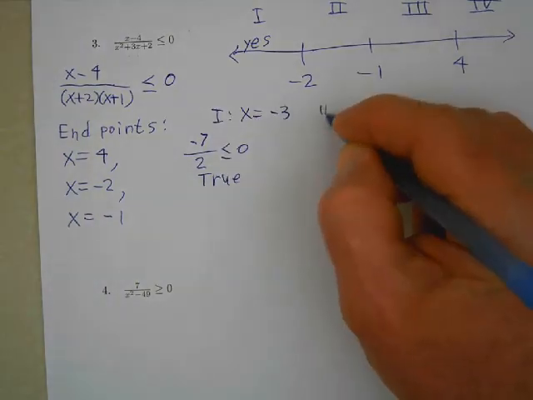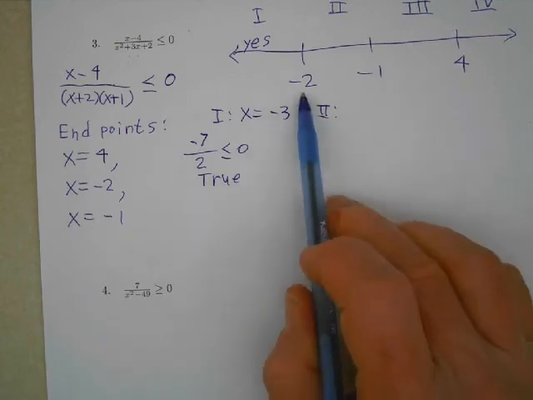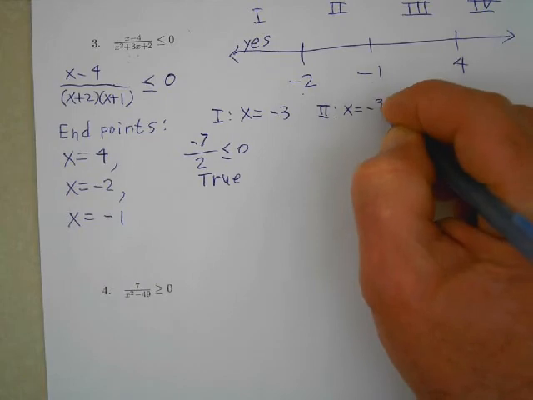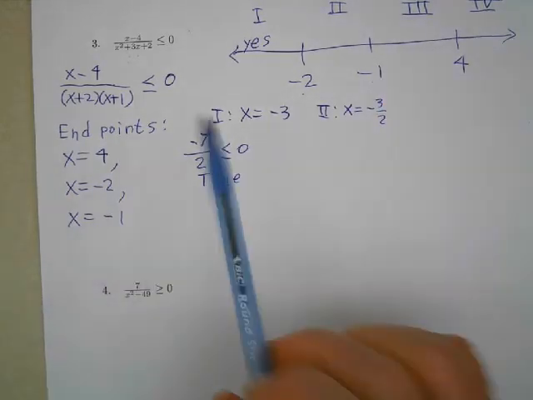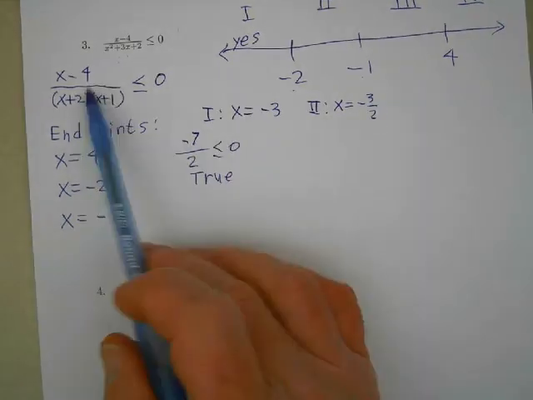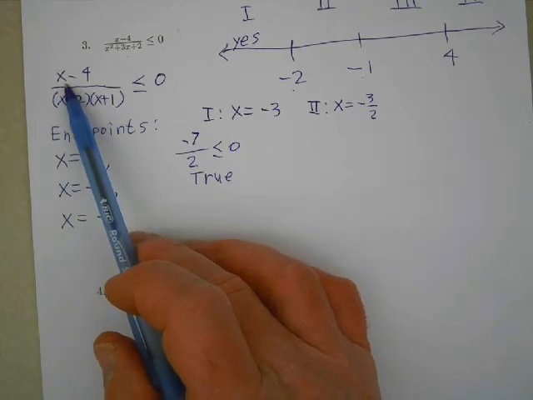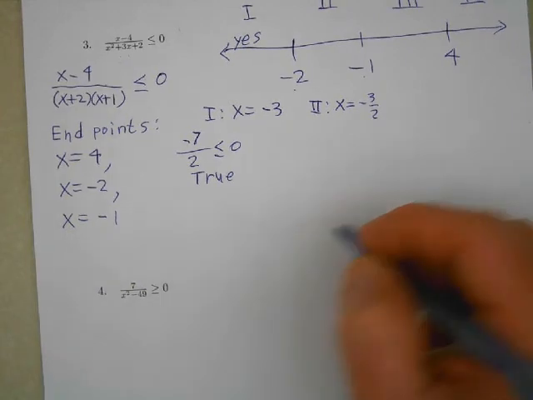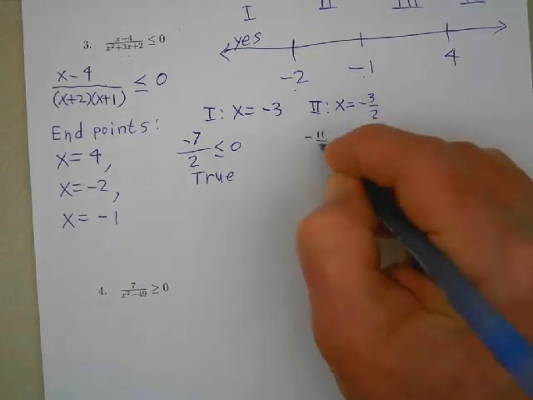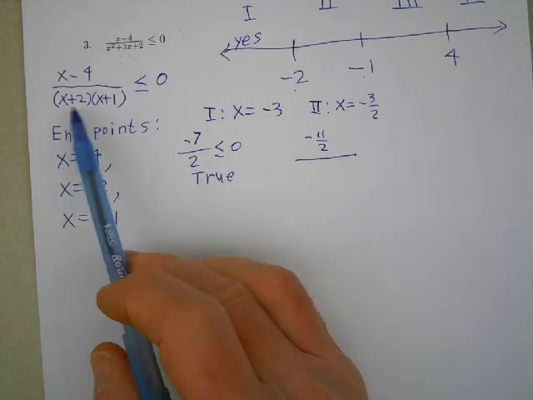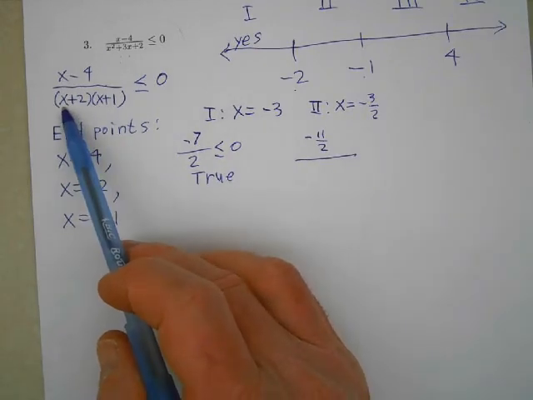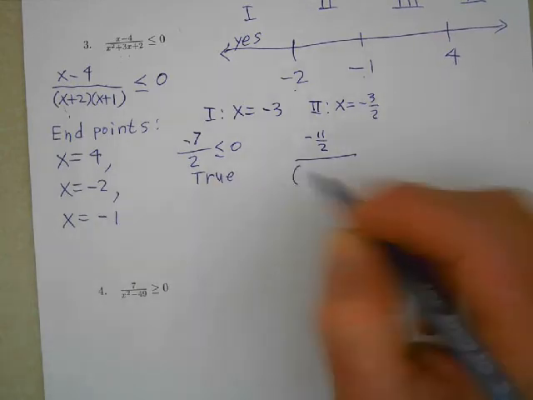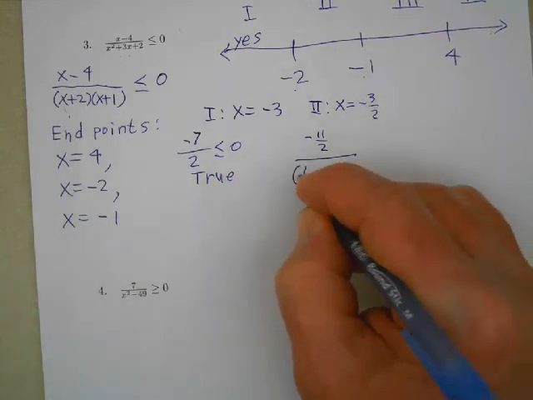In the second interval, pick a number between -2 and -1. So I'll pick x to be -3/2. And so maybe if I use the factored form this time, -3/2 minus 4, that's -3/2 minus 8/2, which is -11/2 in the numerator. And then in the denominator, one of the factors, -3/2 plus 2, that's just +1/2.